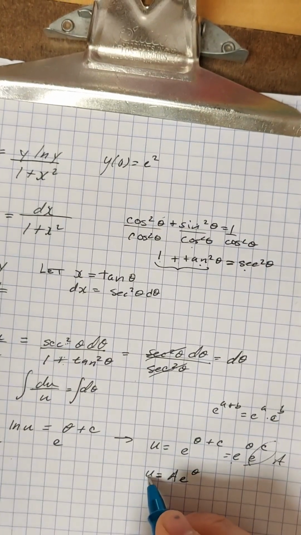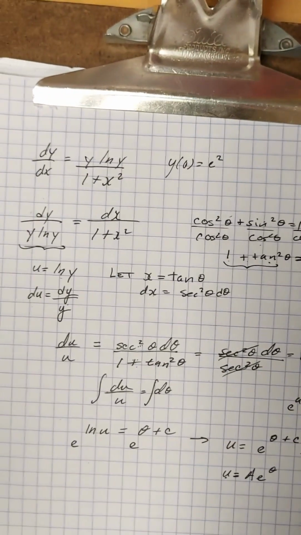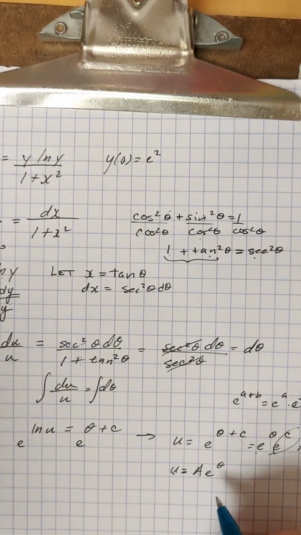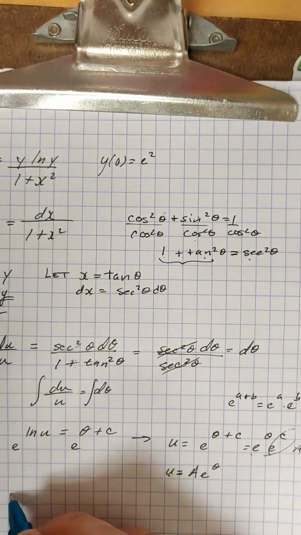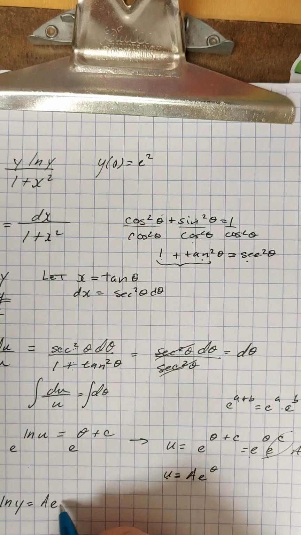Now we know that u was actually equal to the natural log of y. So to simplify this a little bit more, we have the natural log of y is equal to A e to the theta.